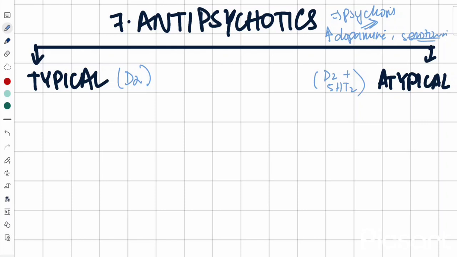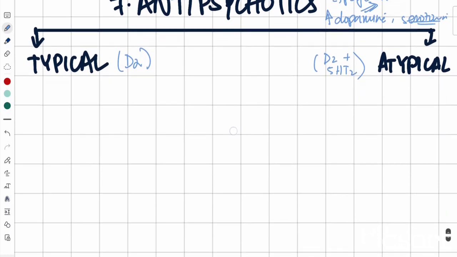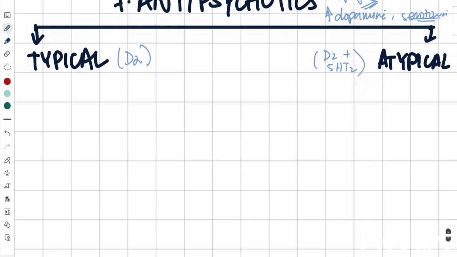So that is why we're giving D2 antagonists and 5-HT2 antagonists. Only one thing is that aripiprazole is a D2 partial agonist, so I'll just write it in highlighted form.